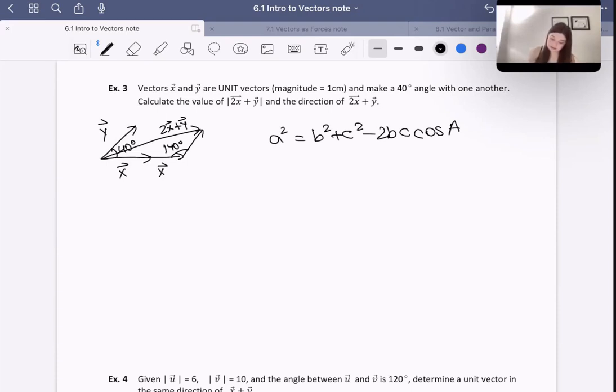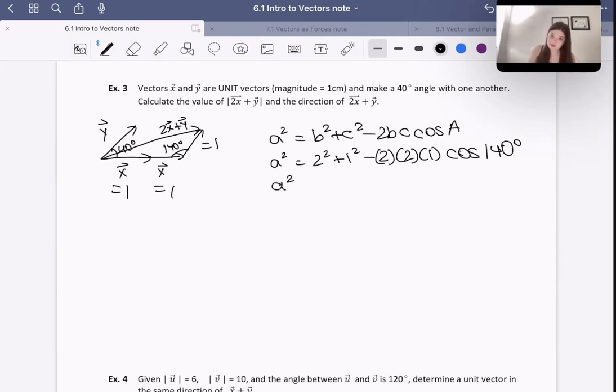So I'm going to say, therefore, a squared must be 2 squared plus 1 squared. Why? Because each of these is 1. So total, this is 2, if these are each equal to 1. And this one's also equal to 1. So 2 and 1, based on the fact that they're unit vectors and have magnitudes of 1 each, minus 2 times 2 times 1 times cosine of 140 degrees.